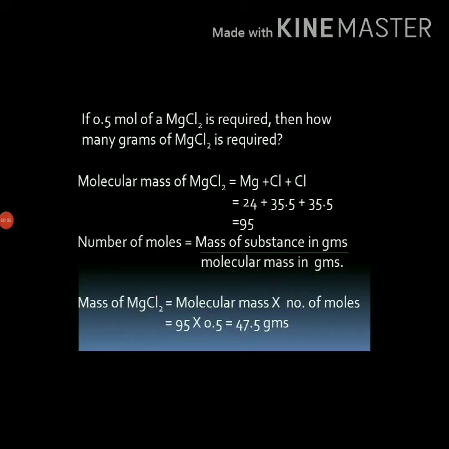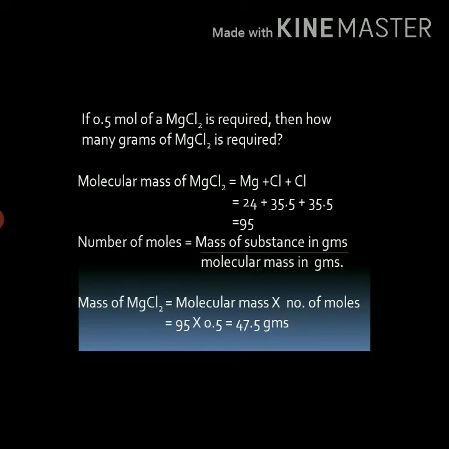Let us continue with the second one. If 0.5 moles of magnesium chloride is required, how many grams of magnesium chloride is required? For this, first we need to find out the molecular mass of magnesium chloride. So magnesium is 24, chlorine is 35.5, 2 times, that comes to 95.